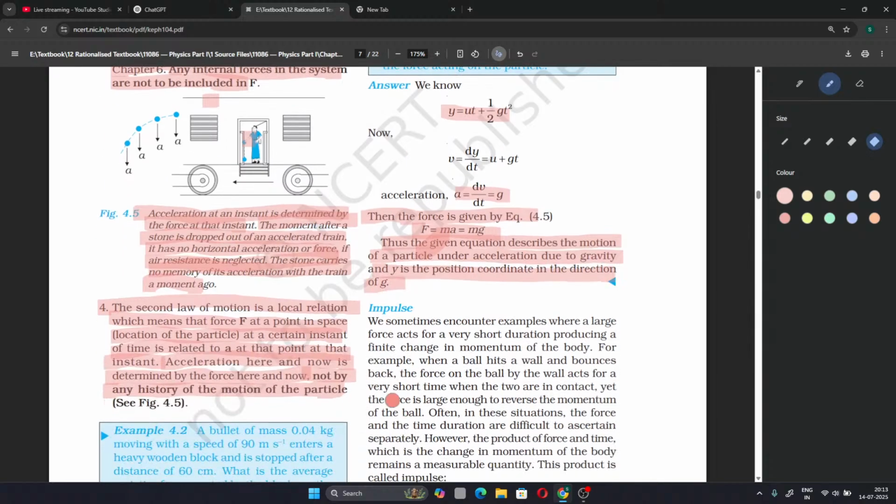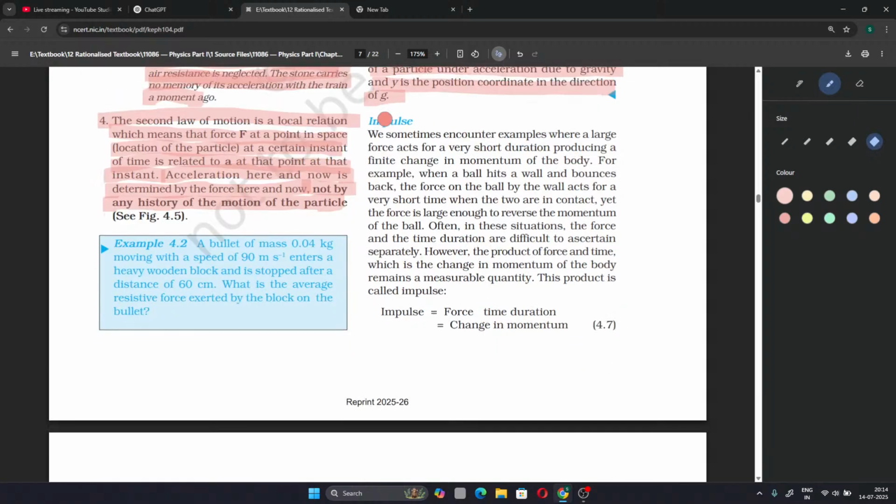And now let's go to the next topic here, which is impulse. We sometimes encounter examples where a large force acts for a very short duration, producing a finite change in momentum of the body.